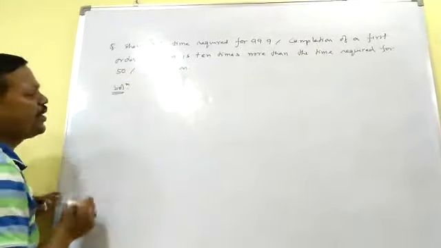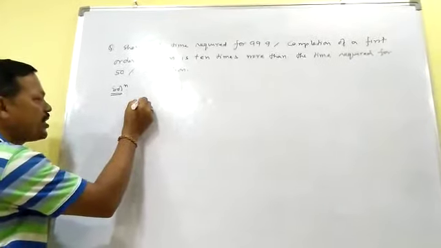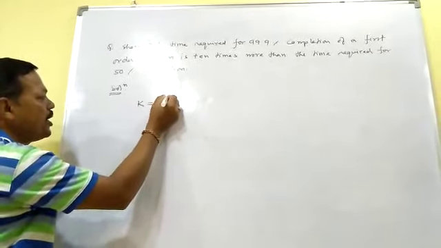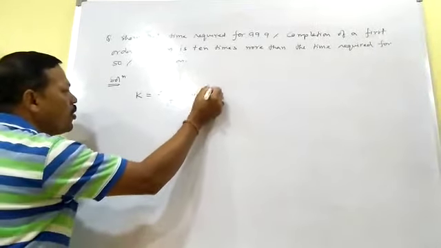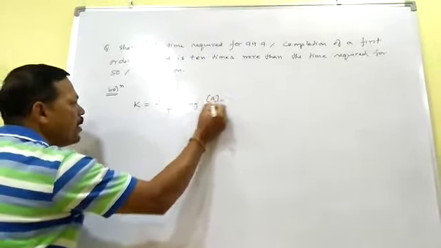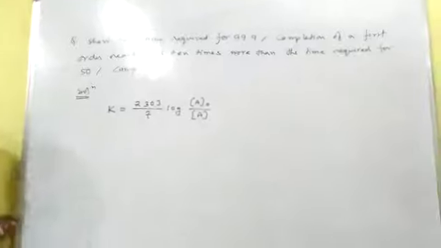Since it is a first order reaction, we'll apply the integrated rate equation for first order: k is equal to 2.303 divided by t, log of a naught divided by a. This is the integrated rate equation for first order reaction. So we have to determine mainly time.